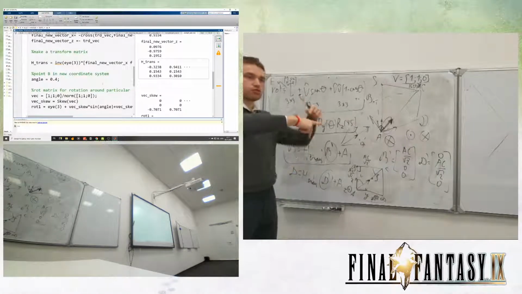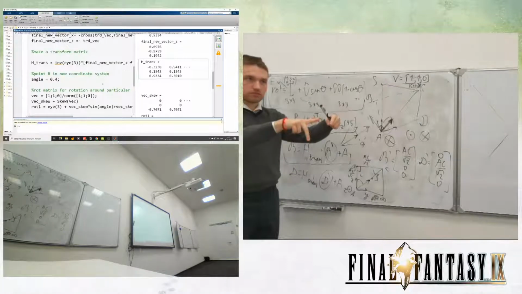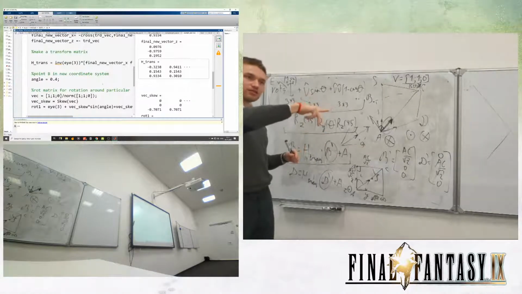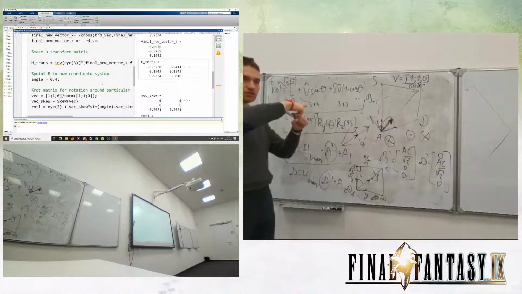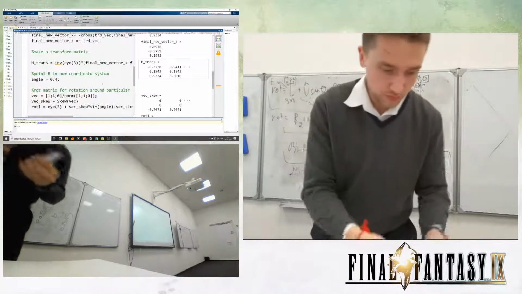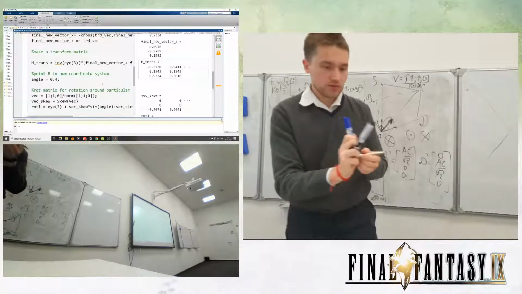And after this, we need to return, but how can we return? No, because your base is rotated. It changed. What's the difference between Euler angles and fixed angles? With fixed angles you rotate around some particular axis, I mean, you fixed your coordinate frame. So we have this frame.